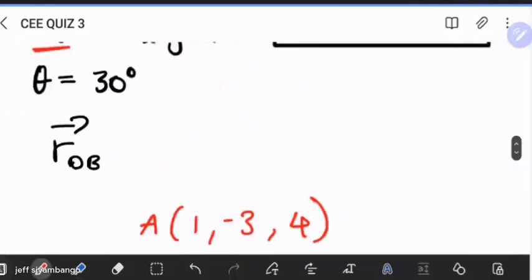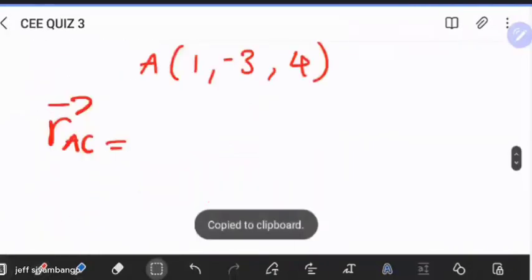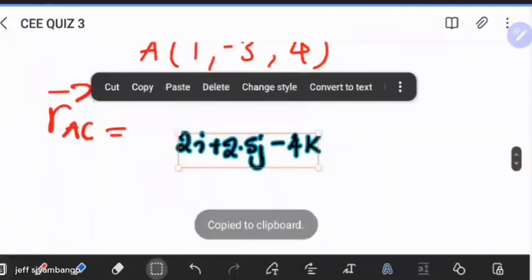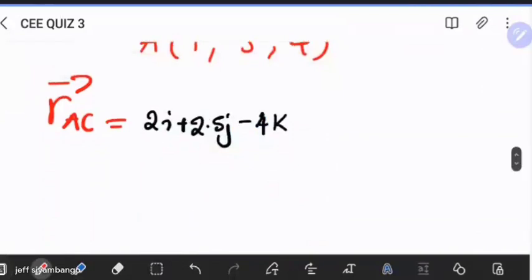According to this, RAC is given by this. Now, what I want to do first is figure out where C is. So how will I do that?